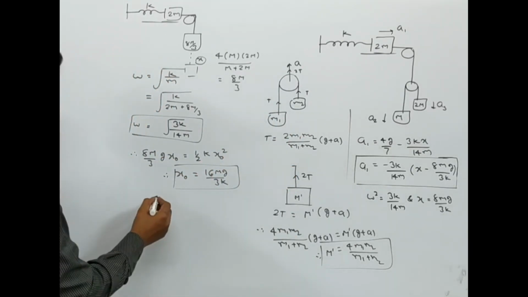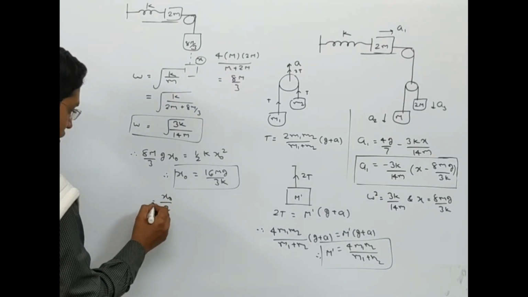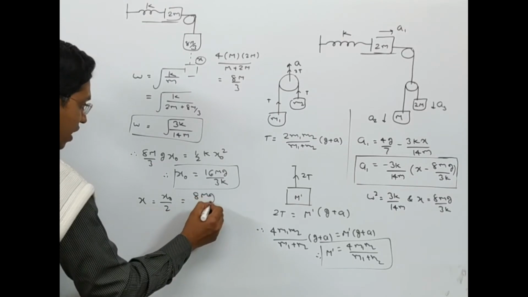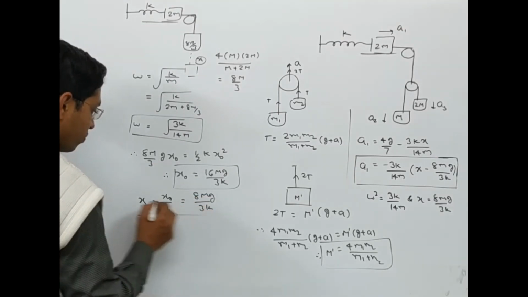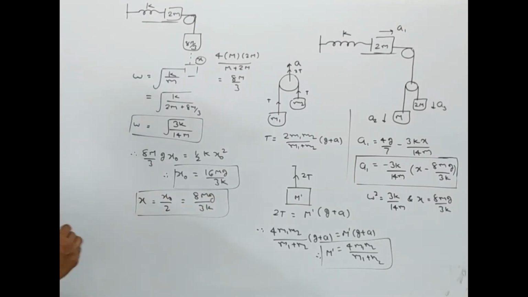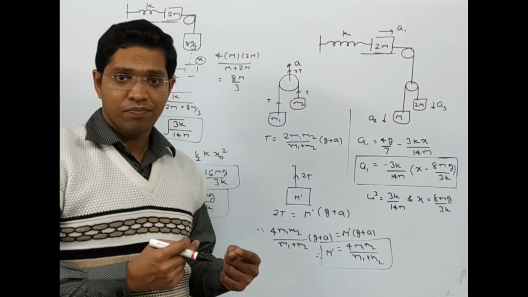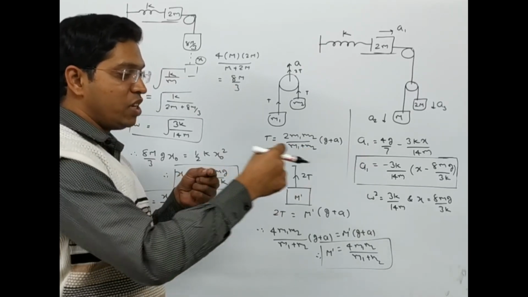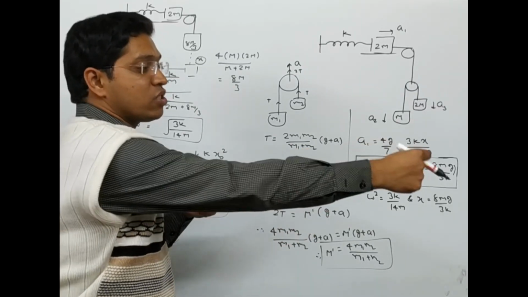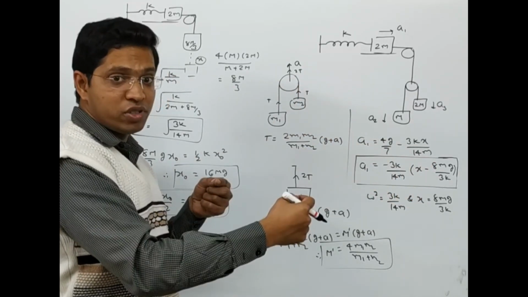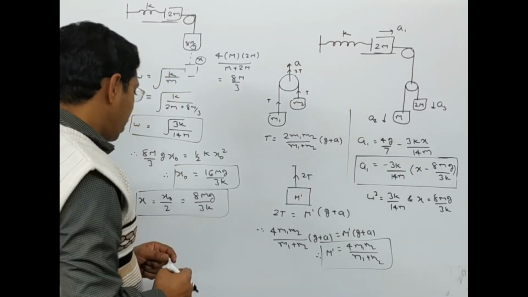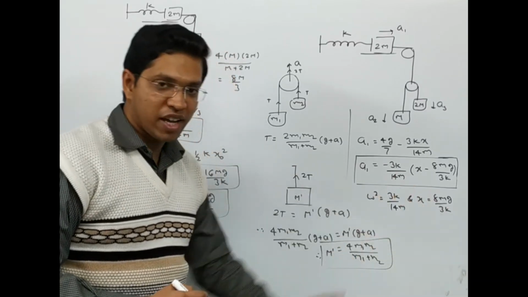The mean position should be half of this, x equal to x naught by 2, which is 8 mg by 3k. The amplitude will also be x naught by 2, because it goes from 0 to x naught and comes back. So here also it matches.